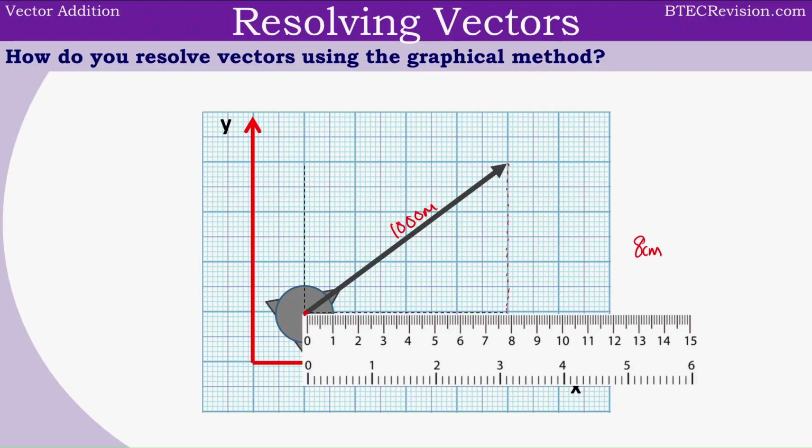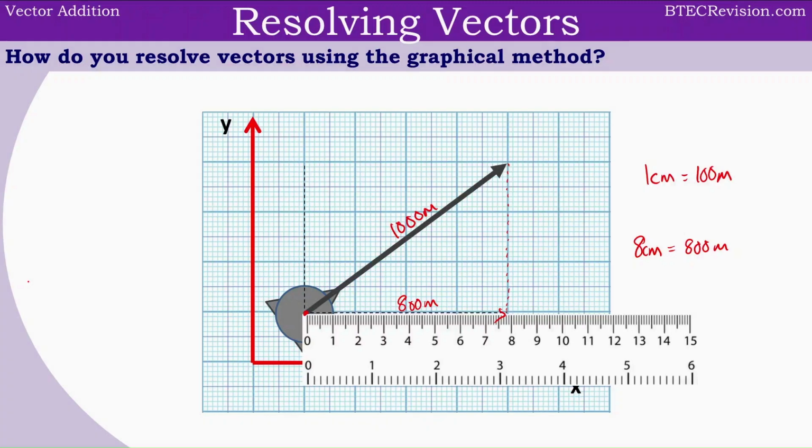If you remember our key from before, 1 centimeter is representing 100 meters, so 8 centimeters is going to represent 800 meters. So this spaceship has traveled 800 meters along the x component.